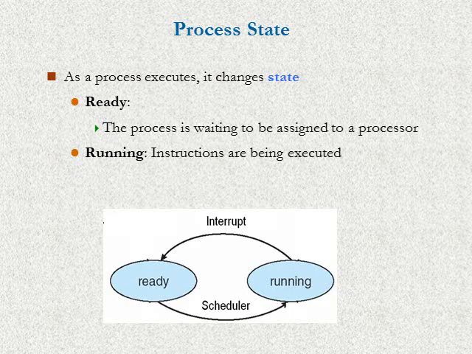And the second one is the ready state, meaning that the CPU has just taken it out to accommodate some other process, and this process is waiting for the processor to get free. So we have two states. The first one is the ready state, and the second one is the running state.